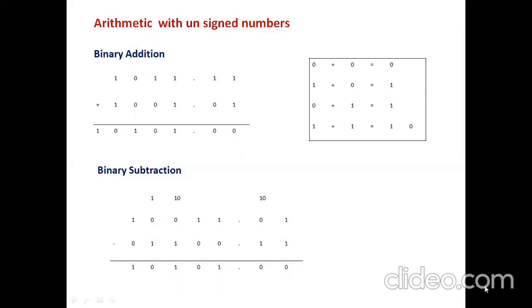Coming to binary subtraction, now what happens is you are subtracting two numbers. So again we will go from right to left. So 1 minus 1 is equal to 0. Again, in the second bit from the rightmost, when you are subtracting 0 minus 1, we cannot do it. So, as usual, as we do for normal subtraction, we will take a borrow from the very next number.